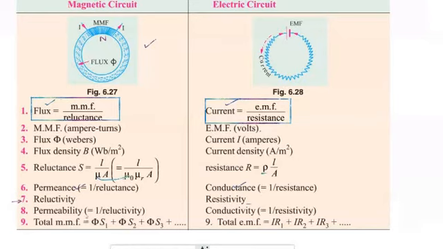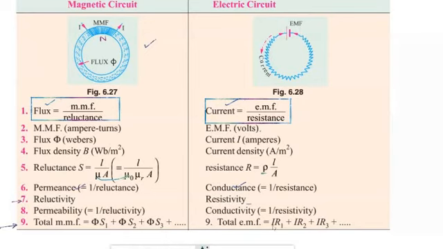So the total MMF is nothing but phi S1 plus phi S2 plus phi S3. Suppose you have a composite circuit, where you have different magnetic materials put together in series. In this case, the total MMF is nothing but the summation of the individual sections put together.